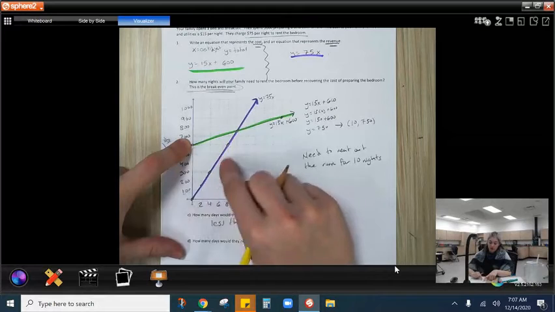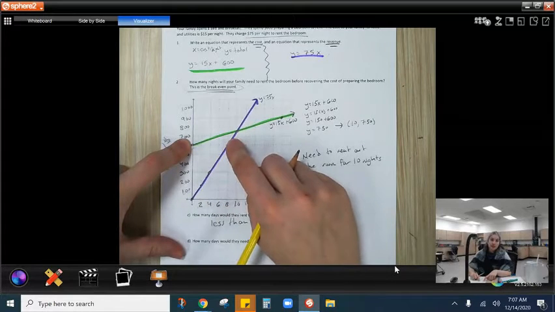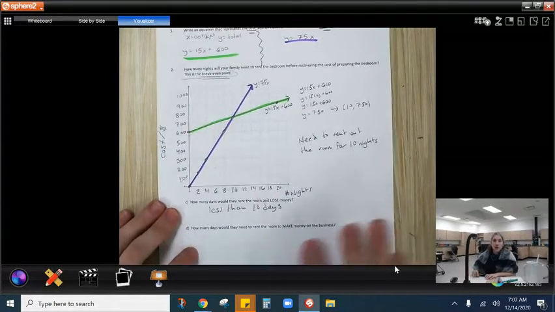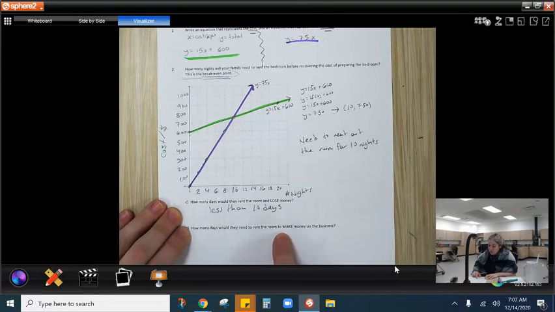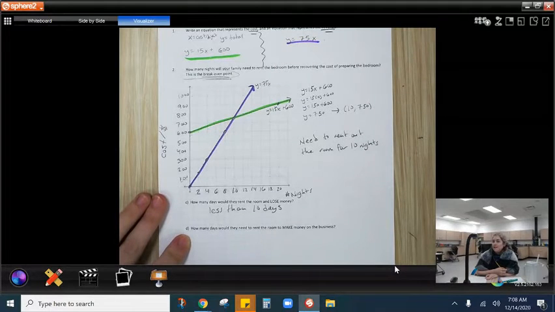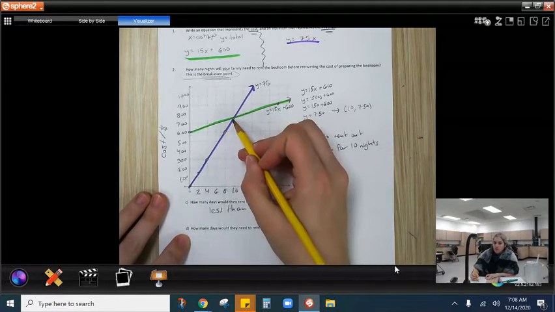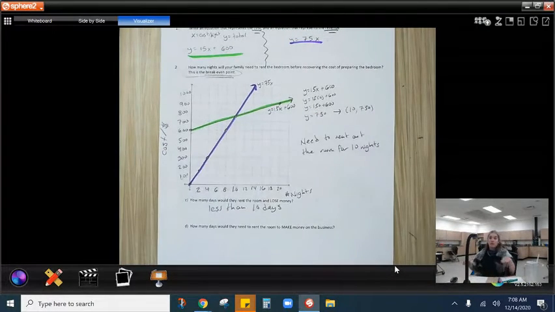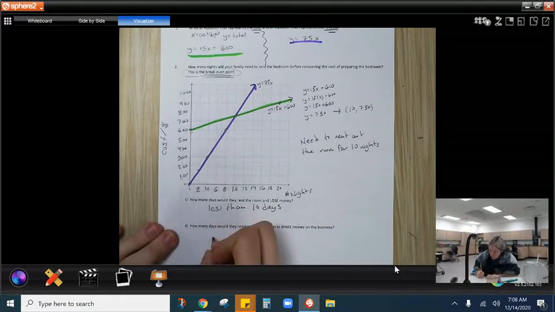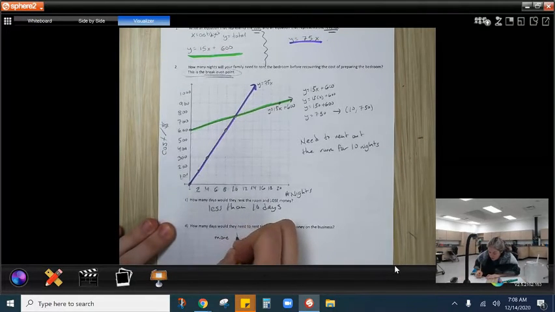So anywhere from 0 to 9 days, anything less than 10, we've lost money. So then the last question says, well, how many days would they need to rent the room to make money on the business, right? They don't make money at 10 days. That's when it's even. That's when the money they spent and the money they've earned are the same. To make money, they need to rent it for more than 10 days.